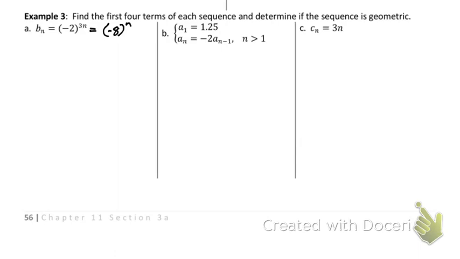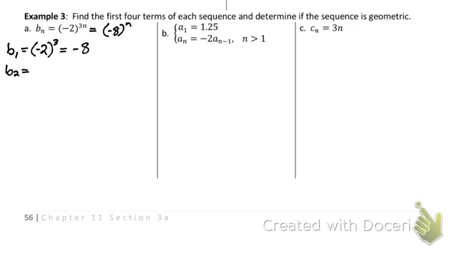But let's pretend like we didn't do that, and we are actually going to do the whole setup to see if it's true. So if I had to do my first term, I'd do b sub 1 equals negative 2 to the 3 times 1, which would be 3. Which is going to equal a negative 1/8.